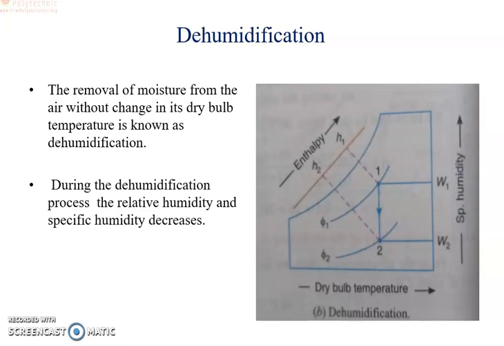So humidification is required during the winter time. In the summer time, you have observed many times that you are sweating because more moisture is available due to the evaporation of water, and humans feel discomfort.